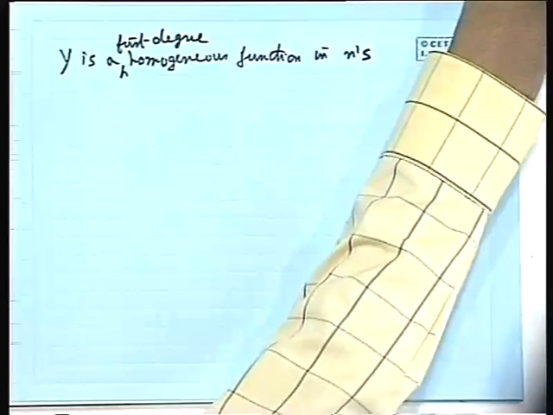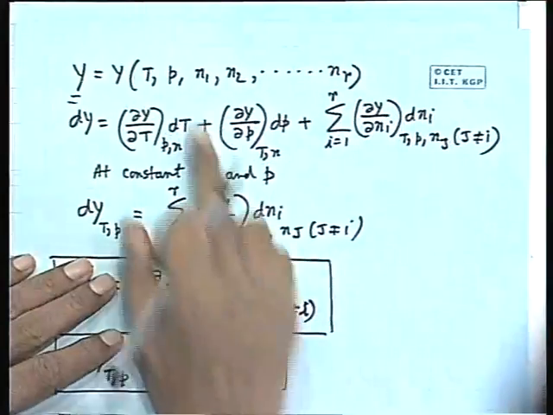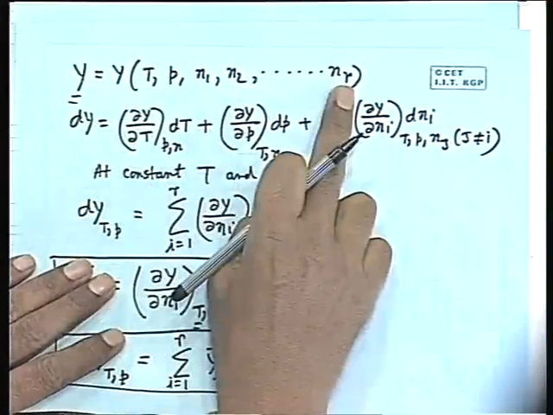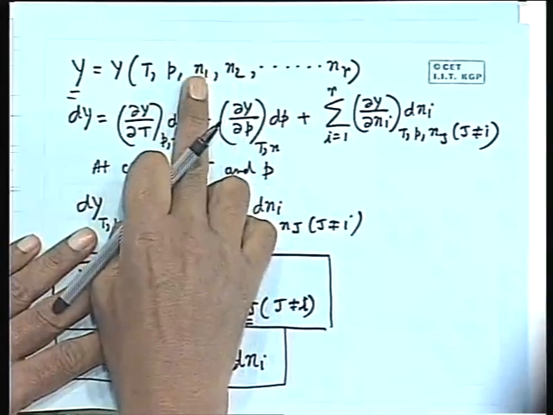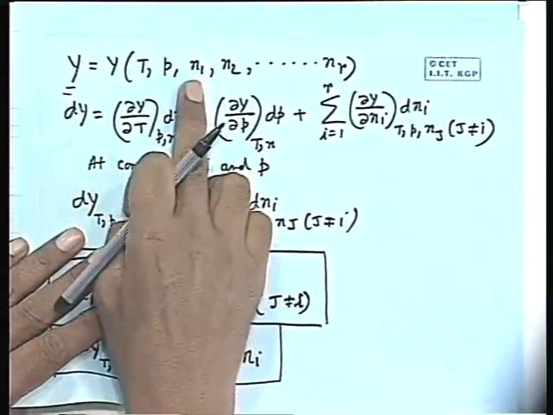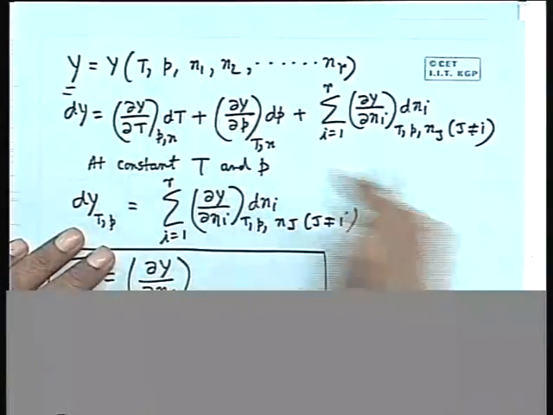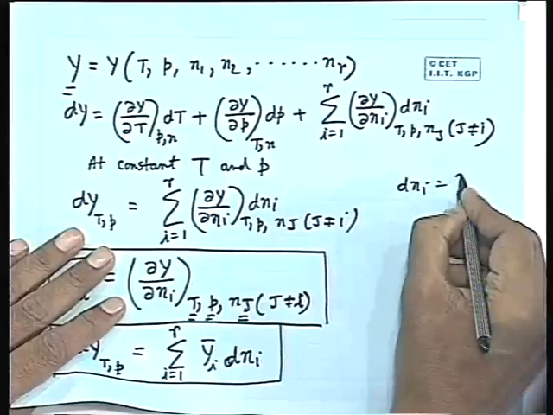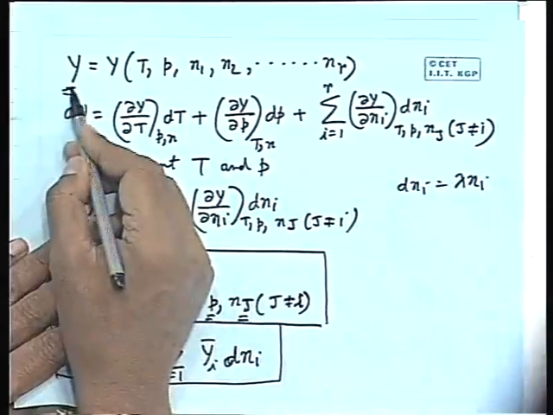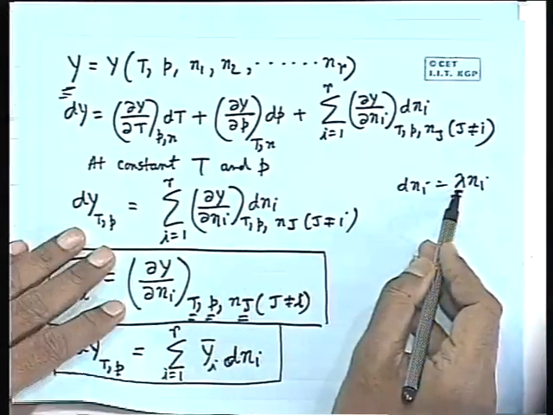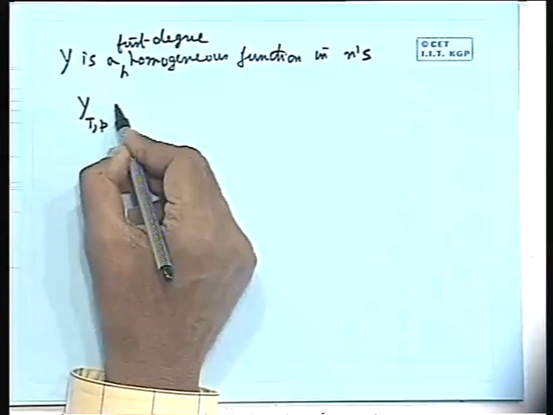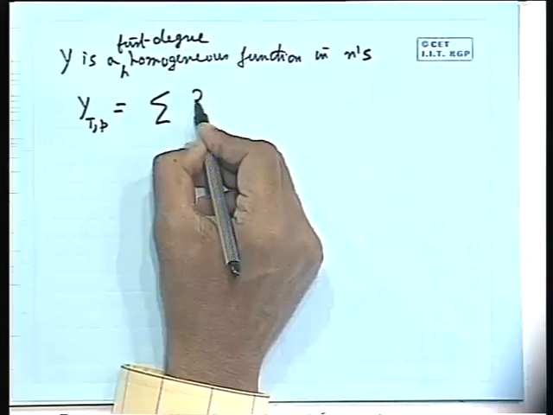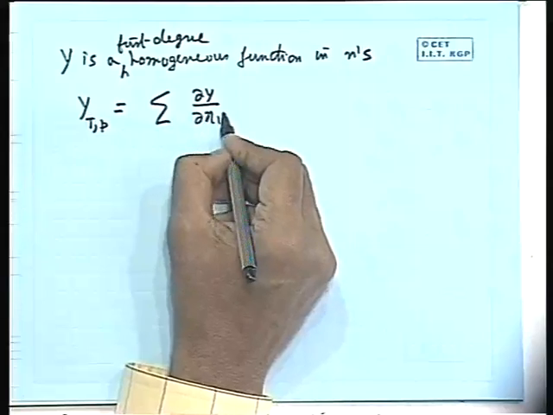Obviously, Y is an extensive property, it depends upon the number of moles and it has to be a first degree homogeneous function of n. That means if n_i is increased by some factor lambda, then Y will be increased by the same proportional factor lambda. That means it is a first degree homogeneous function in n's. Then by Euler's theorem we can write that the function Y(T, P, n) is the sum of del Y del n_i times n_i.